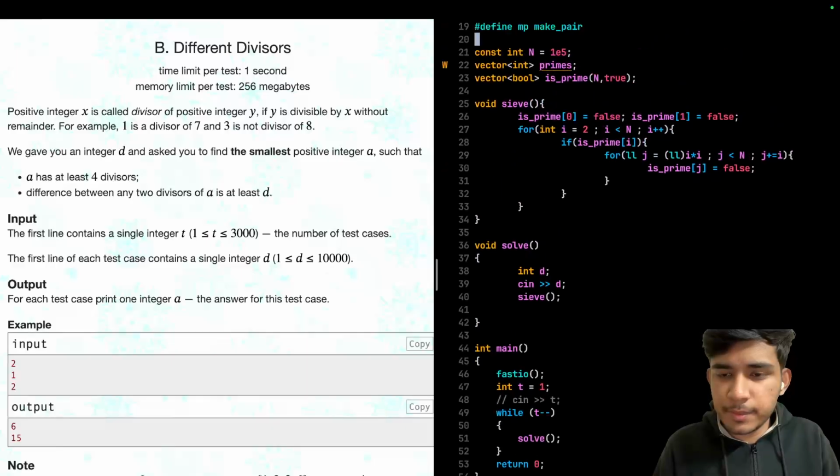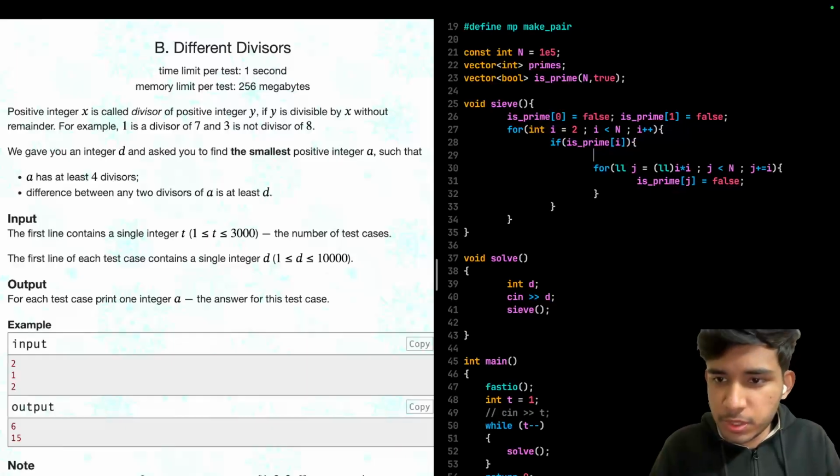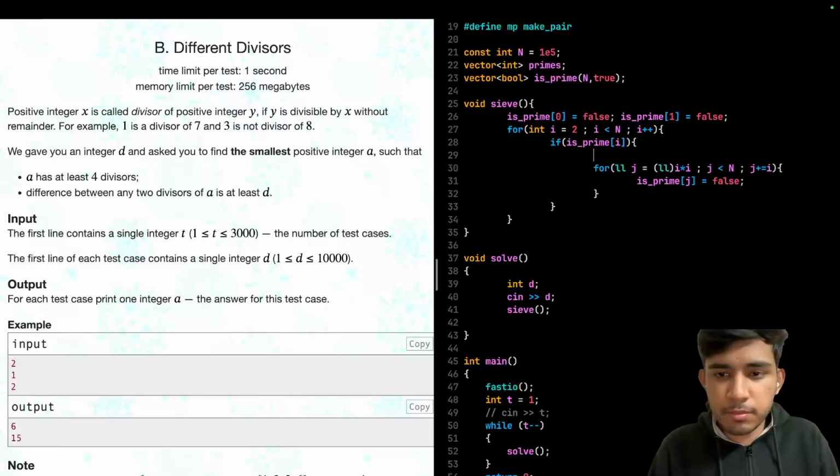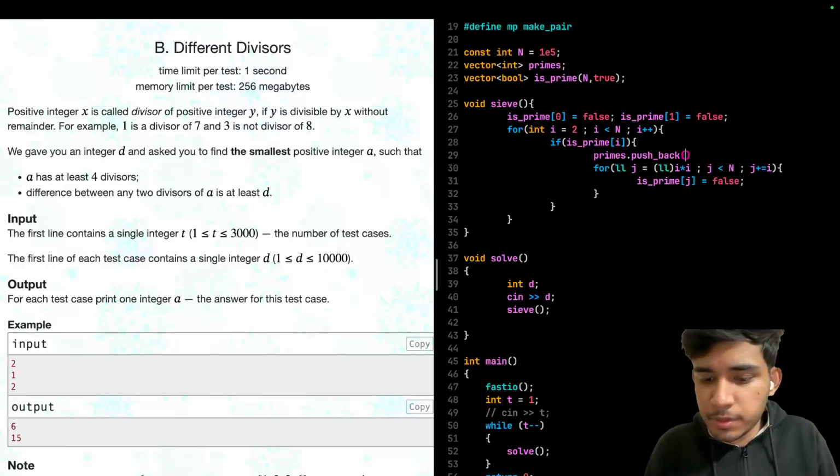So we can push it also: if is prime, primes push_back i.